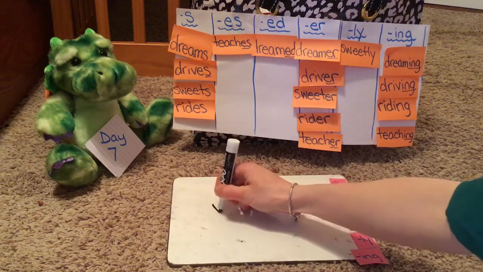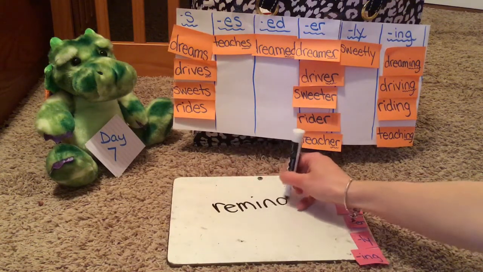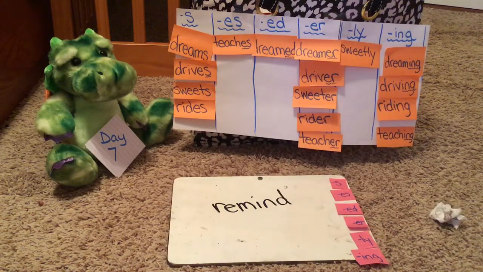So remind. All right, now this is where you're going to show me how you add those extra endings. I want you to write the word reminds. So you might say that that TV show reminds me of a game I once played. Maybe the characters are playing a game in there.